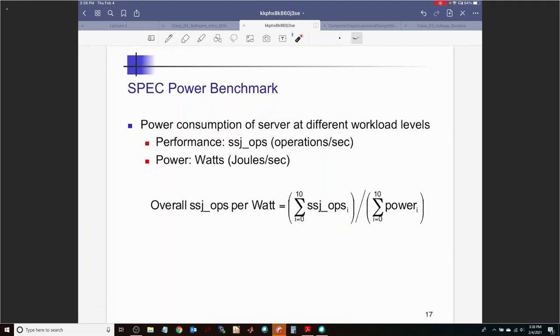On a server, which is trying to execute as many programs as possible in a given amount of time to increase its throughput, you're going to see how the power consumption looks at different workloads. The performance metric we are going to use is SSJ, server side Java operations per second. So this is specifically doing Java operations.